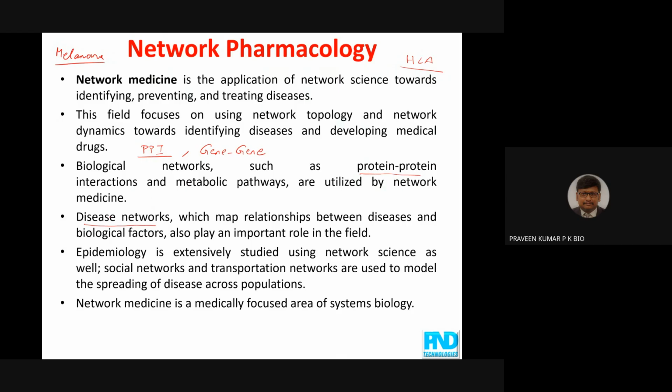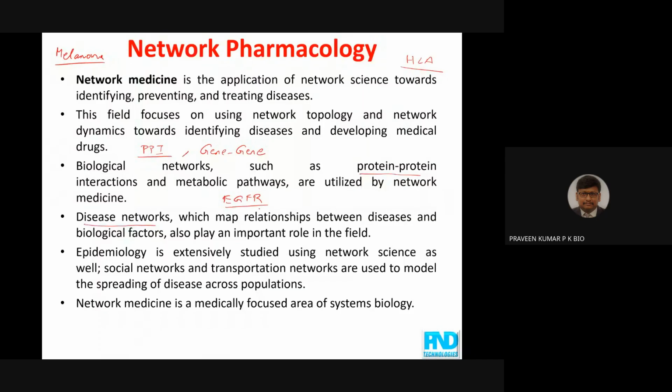There is something other than PPI, gene interaction and gene regulation. We also have something called disease networks. In disease networks, we can come to know that one target can cause multiple diseases. For example, EGFR, epidermal growth factor receptor, is a common target for most types of cancer: ovarian cancer, cervical cancer, breast cancer.